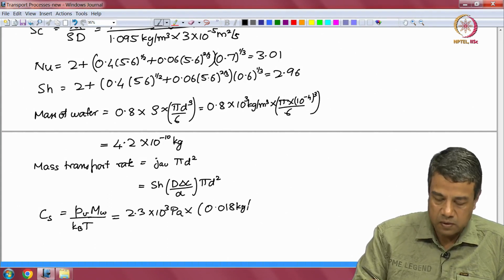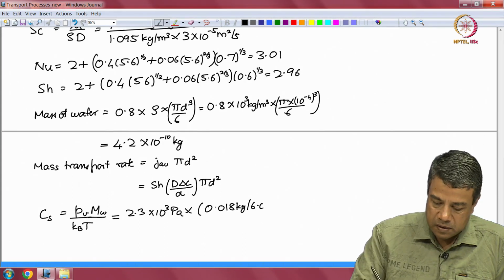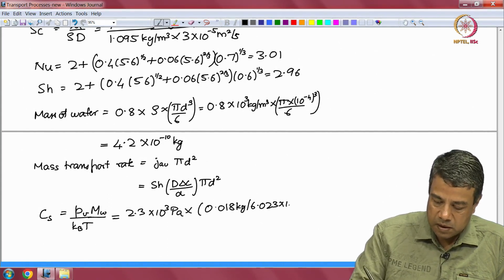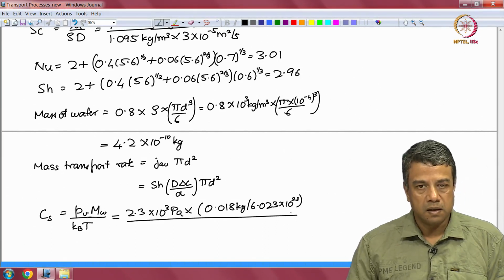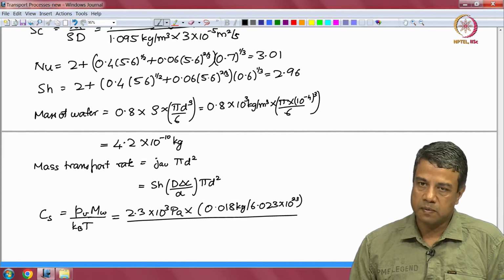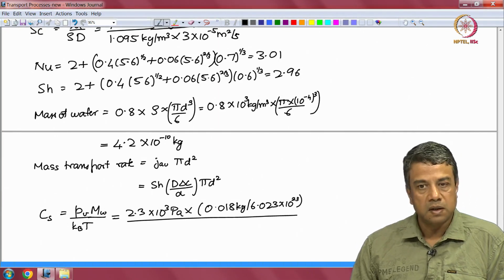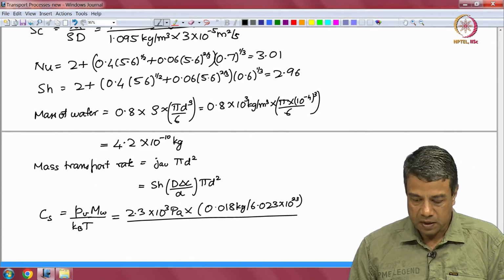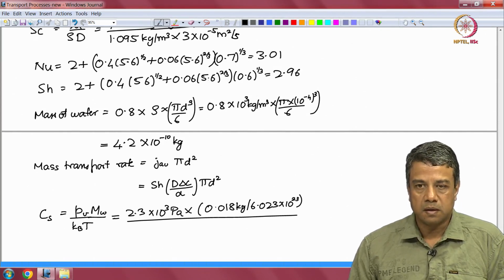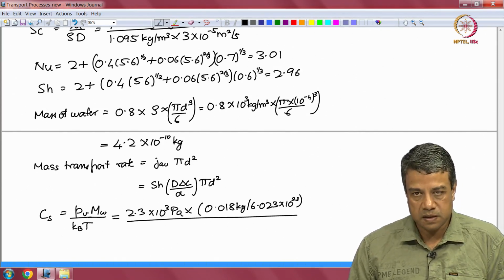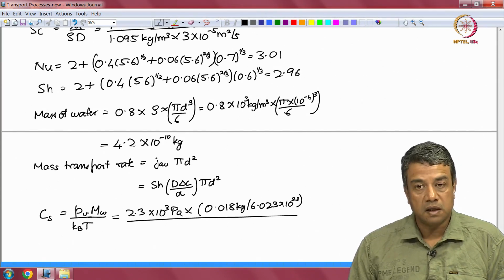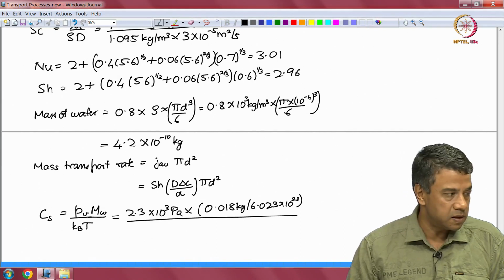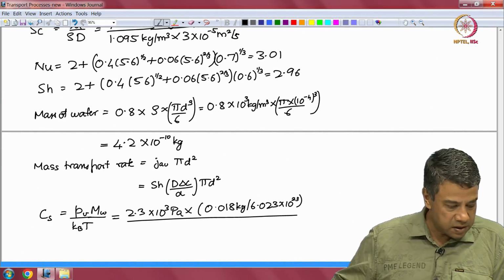This mass of 1 mole contains 6.023 into 10 power 23 molecules. The mass of 1 mole divided by the number of molecules in 1 mole, that mass has to be in kilograms. I can also take 1 kilomole, in which the mass would be 18 and the denominator would be 6.023 into 10 power 26. So, both would give you the same result.